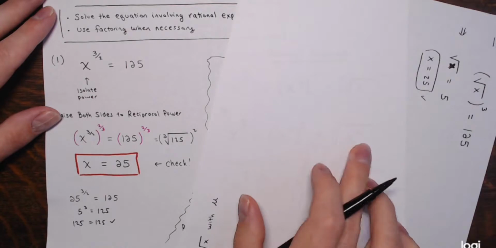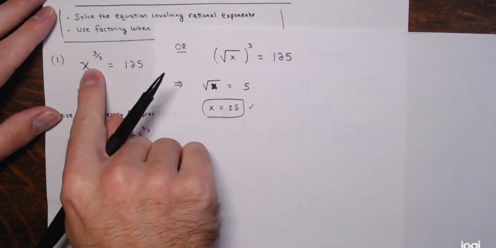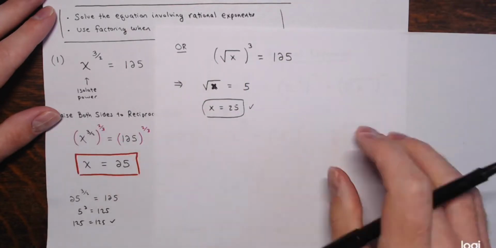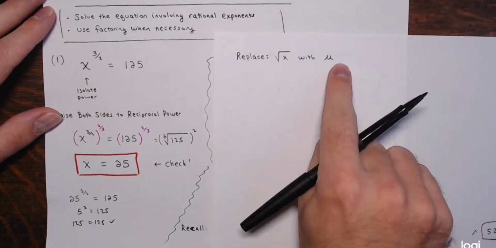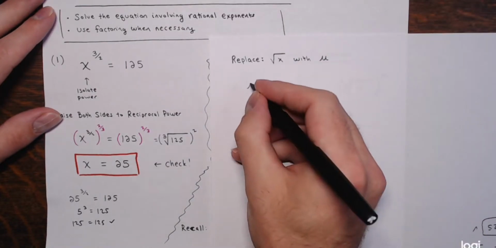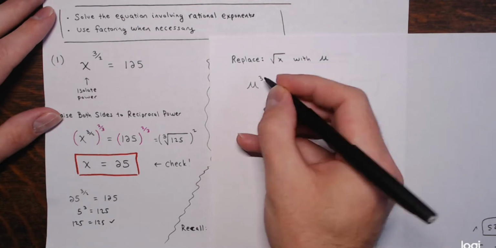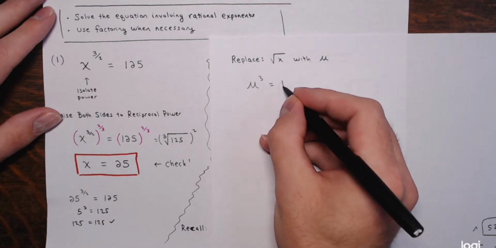Because I said earlier, this is the square root of x to the third power. You can think of it that way. And if I replace that square root of x with u, the equation becomes u to the third power equals 125.